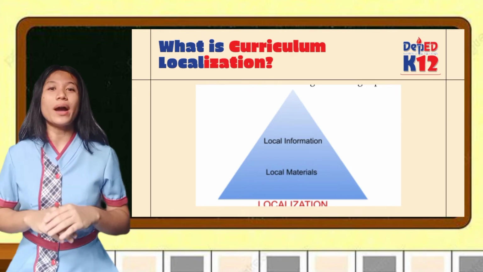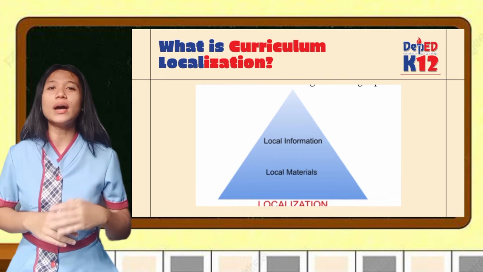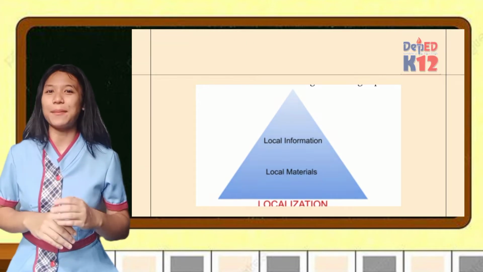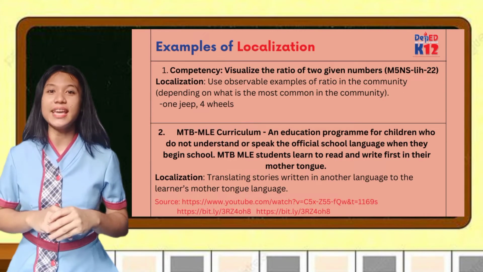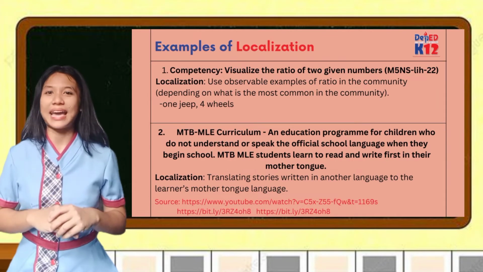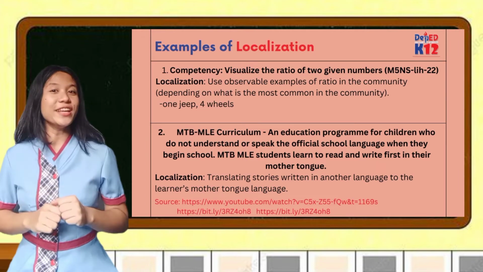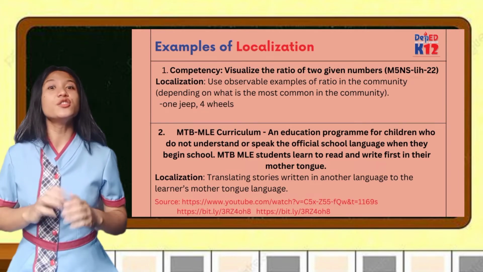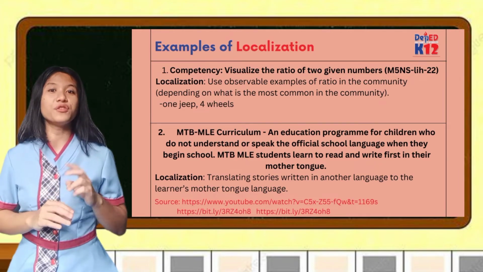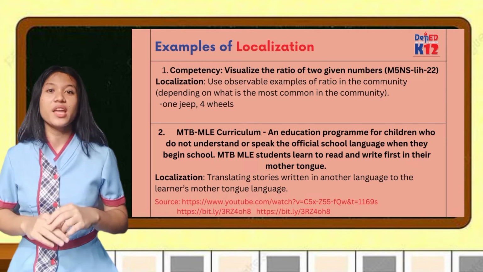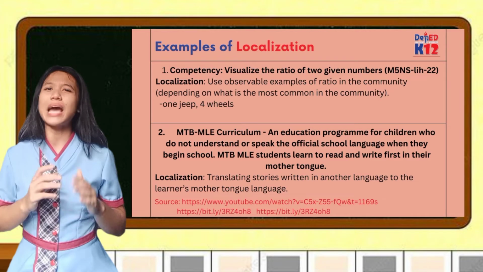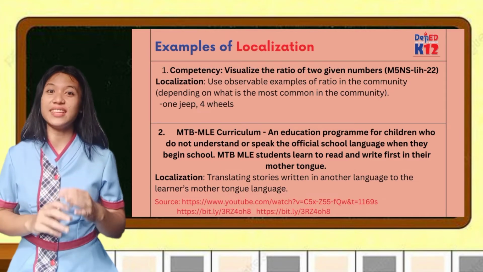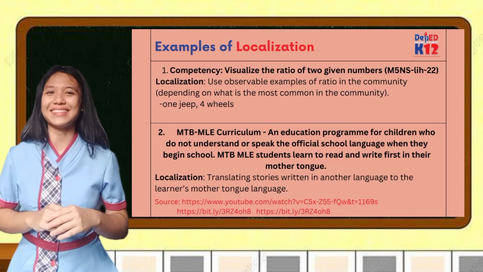To give you a wider idea of localization, here are some examples. We have here the learning competency from the DepEd curriculum guide. Our learning competency is to visualize the ratio of two given numbers. This is for mathematics. Now, how do we apply localization in teaching mathematics?